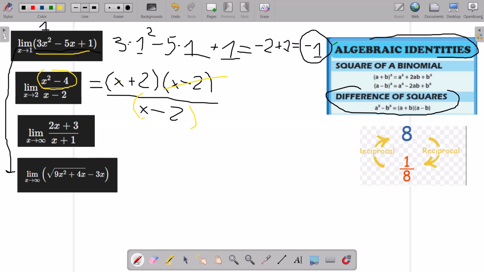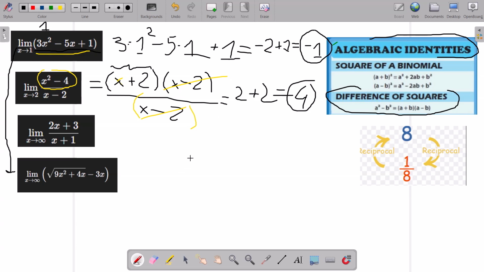We can cancel out x minus 2. And what will be left is x plus 2. And when you have x plus 2 left, you can plug in the values for this expression. So if x is approaching 2, it will be 2 plus 2, because x is 2. Therefore, the answer is 4.